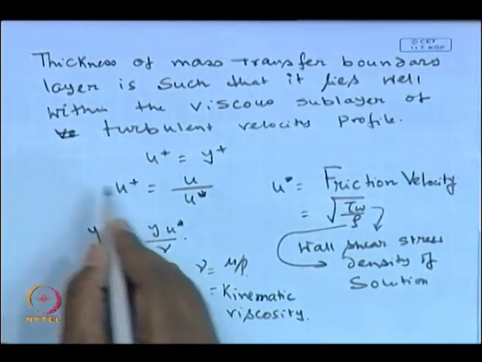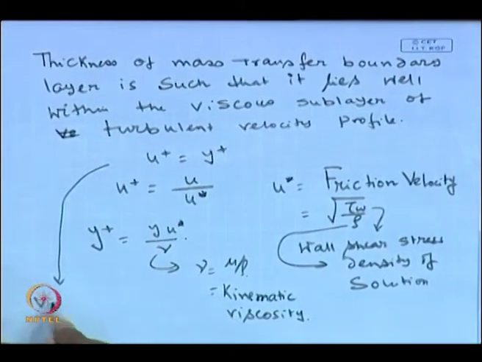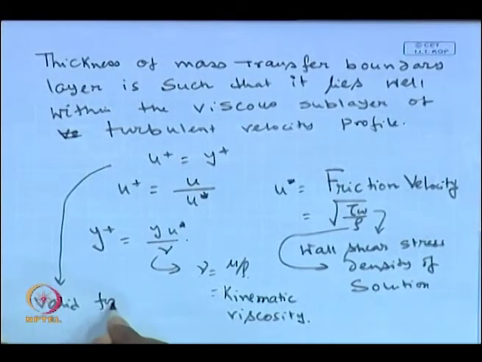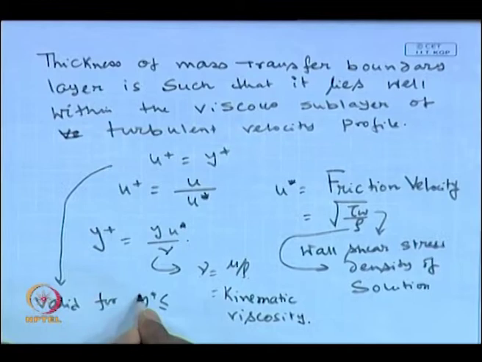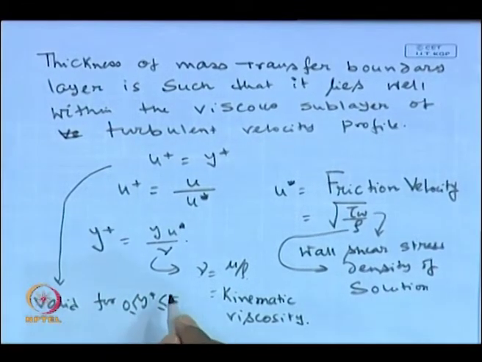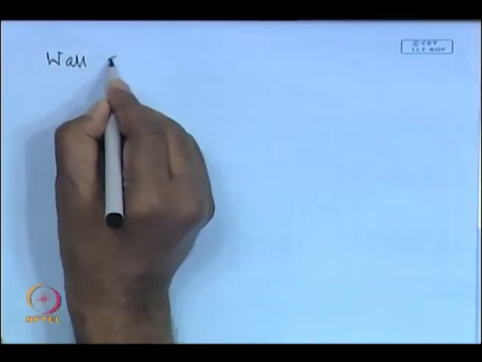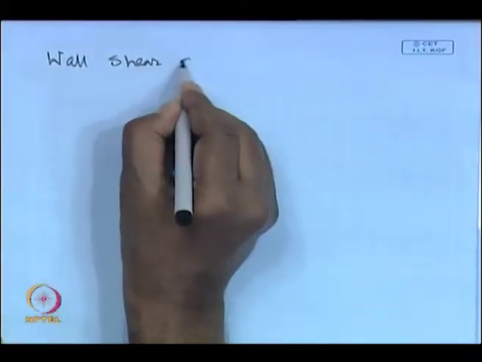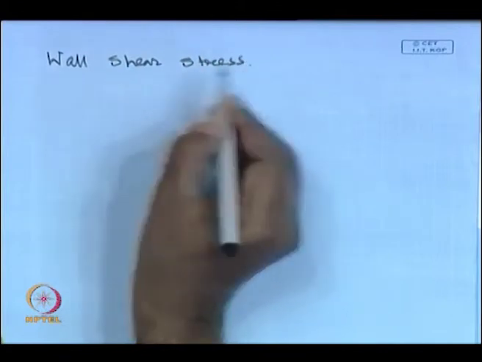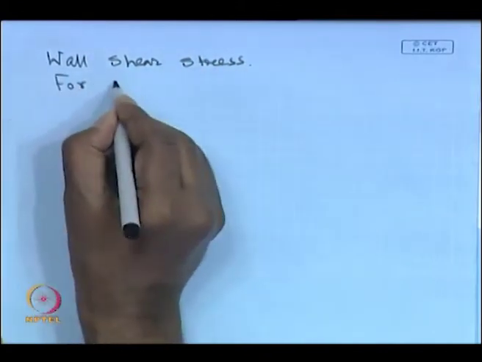Okay, and this relationship is valid for y plus lying between 0 and 5. Okay. Next, we look into the correlation of tau w or the wall shear stress for smooth wall.